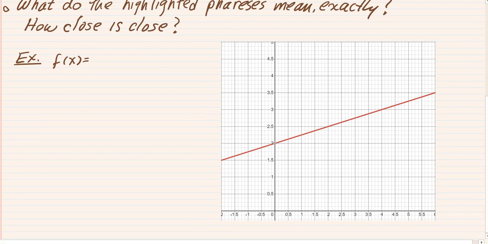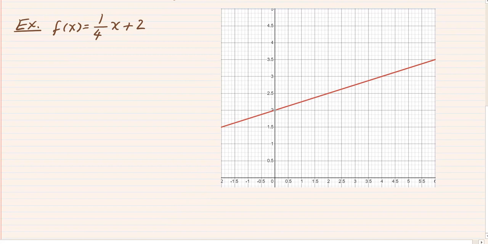So the equation of this line is 1/4 x plus 2. Very simple. I picked a linear function because everything is going to work out really nicely with this. I think it's a nice segue into more complicated examples. After this, we will look at a nonlinear function, and then I'll explain why this is easier, and that's what we want to start with.